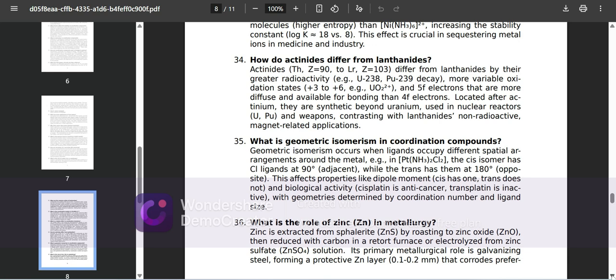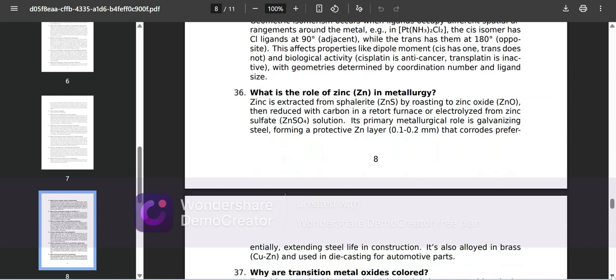Cis has one, trans does not. And biological activity: cisplatin is anti-cancer, transplatin is inactive, with geometry determined by coordination number and ligand size.